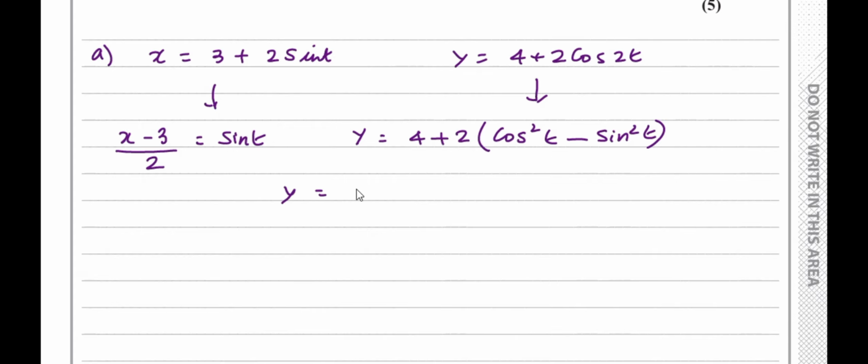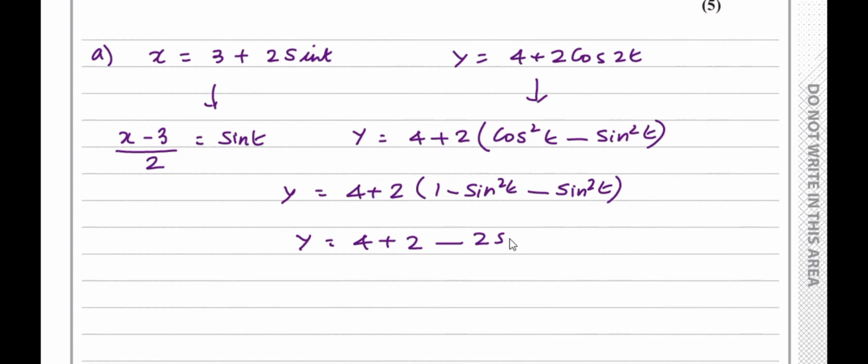So y equals 4 plus 2 bracket 1 minus sine squared t minus another sine squared t, which will be y equals 4 plus 2 minus 2 times sine squared t minus 2 times sine squared t.